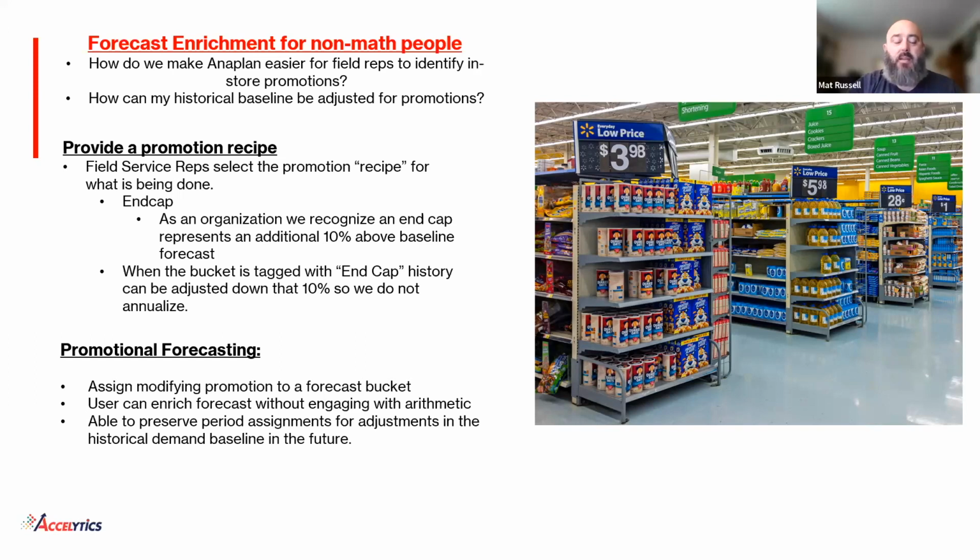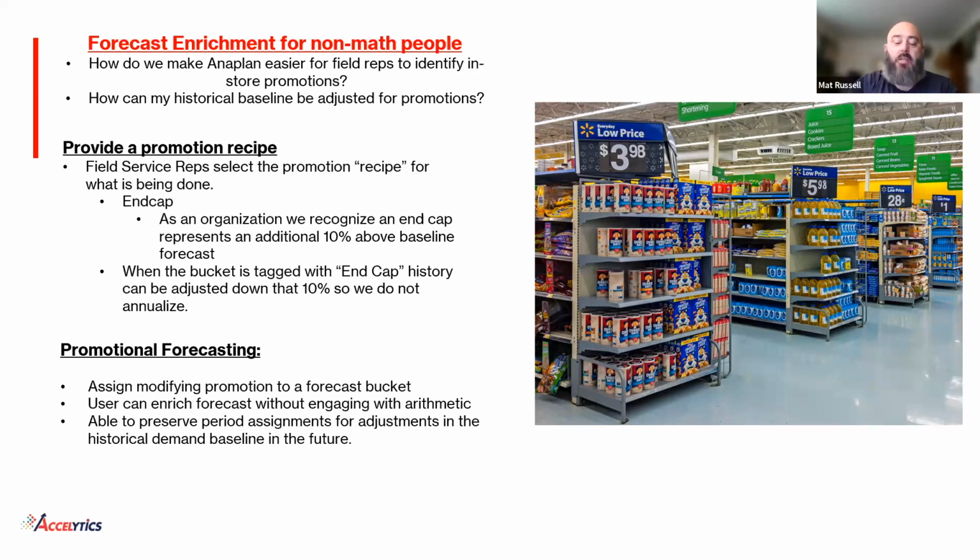And the company as a whole has decided that if we get an end cap, we expect a 10% lift over our general forecasted line. So all they're doing is identifying what they're doing. It's an end cap. It's 2 packs of hamburger buns for $5. Those types of things that can be door specific. You can allow people just to select what they're executing at the door, and then you can define how much of a lift it gets.